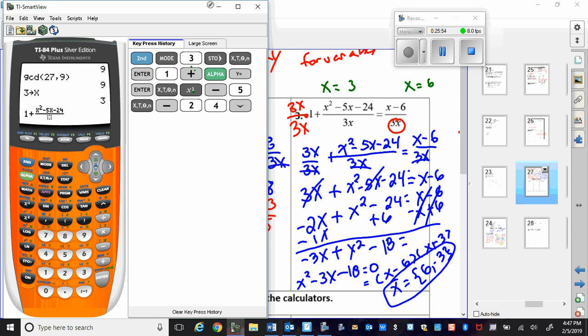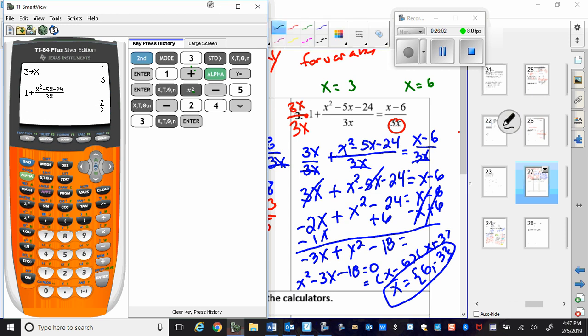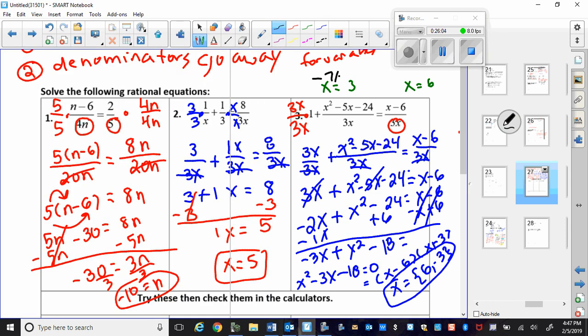What does it equal? Well, this left side equals negative 7 over 3.